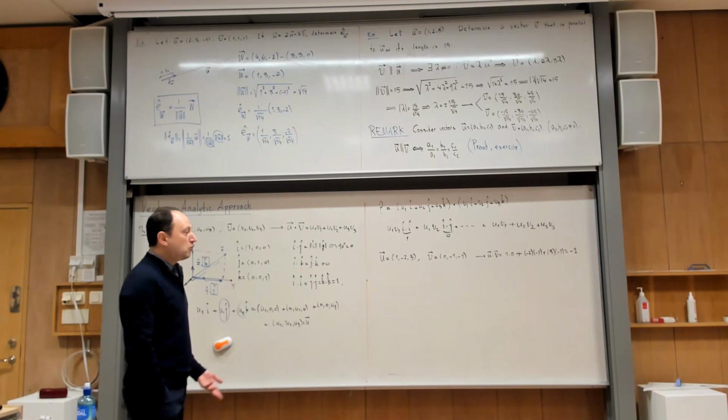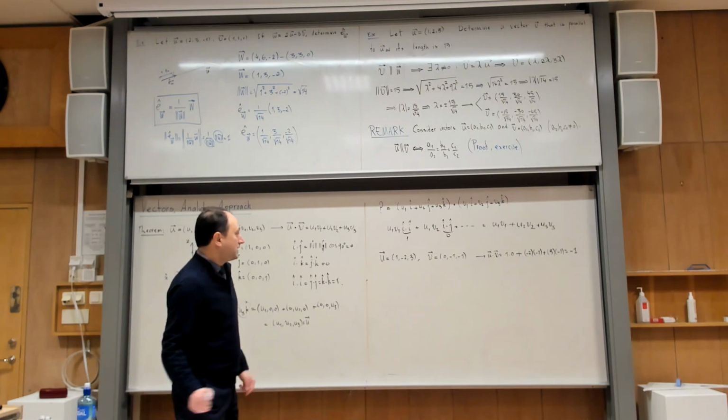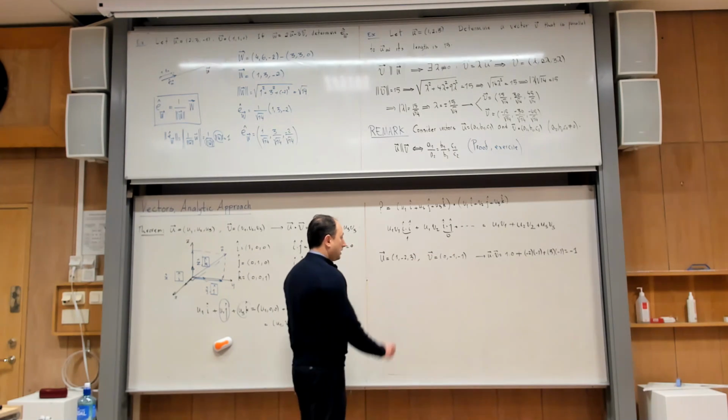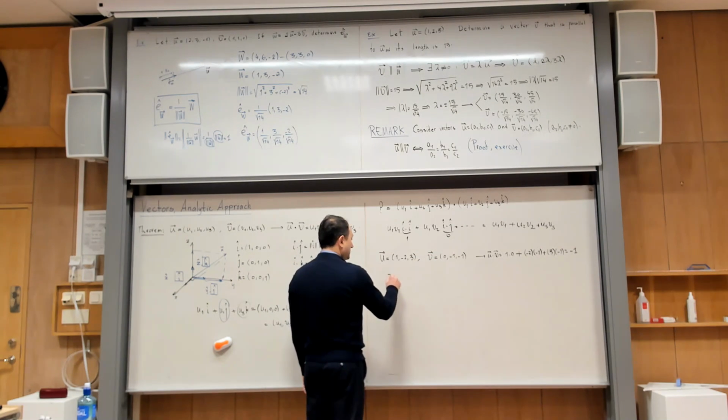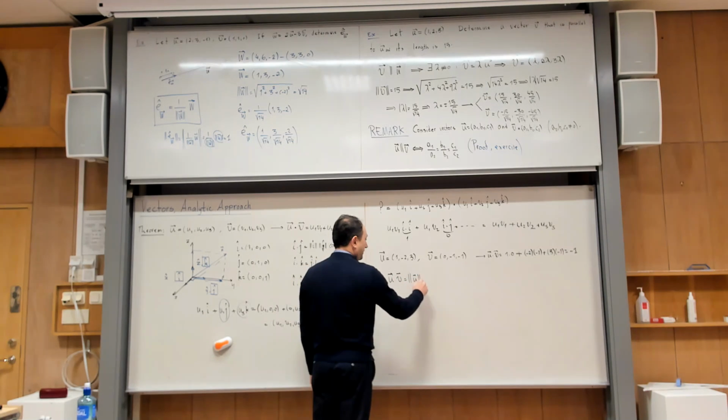But if I want more than that, I want the exact value of the angle between these two vectors, what am I supposed to do? On the one hand, u dot v is this. On the other hand, u dot v is this, because I don't lose the old definition.